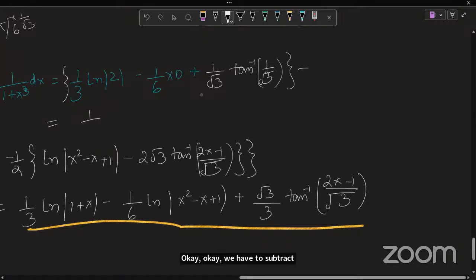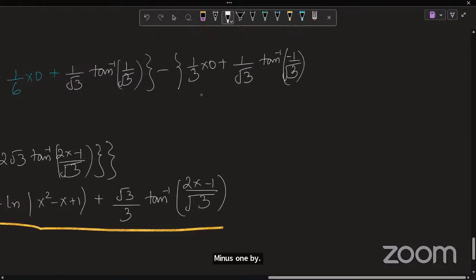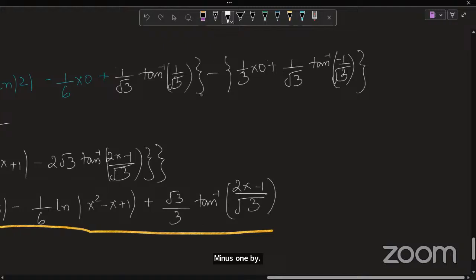So we put 0 into this equation, you will get 1 by 3 ln 1, the value is 0, plus 1 by root 3 tan inverse of minus 1 by root 3. This value we get.